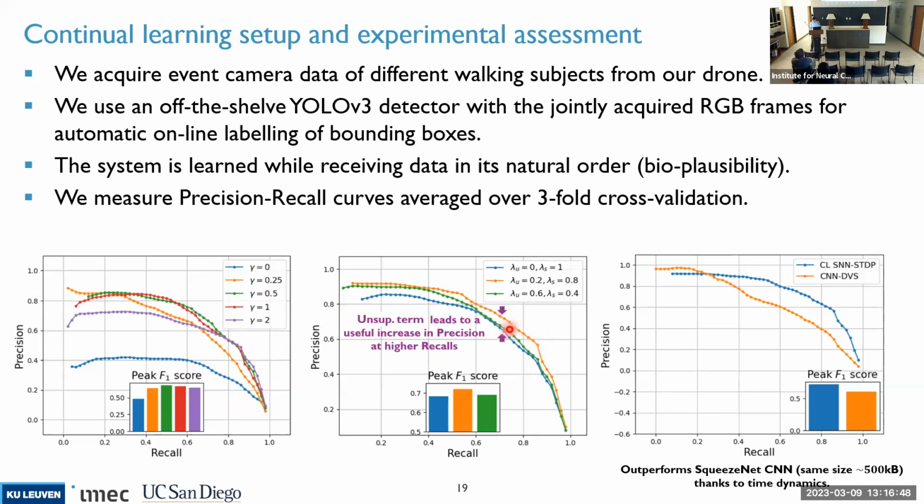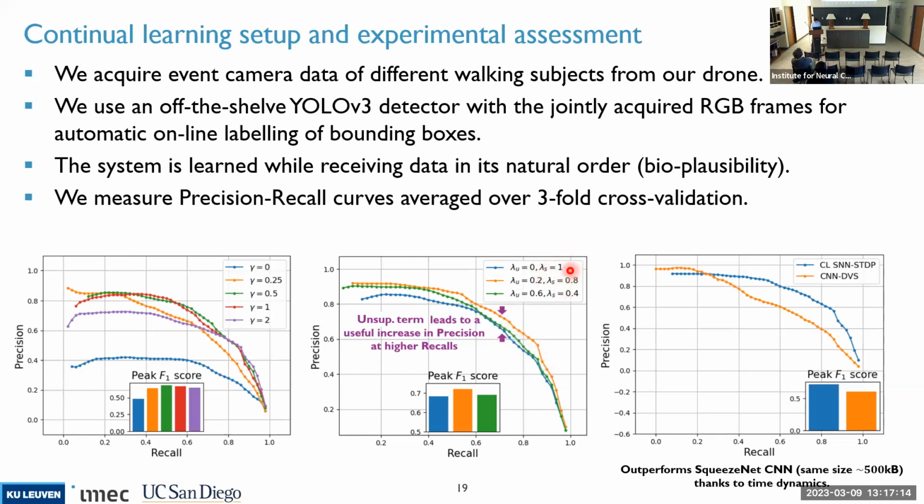Then the second tuning step is this: we have the third-factor supervision signal that I just discussed in the previous slide, but the unsupervised contribution of SCDP is still there. So it's interesting to understand whether having a bit of this unsupervised contribution helps or not. And in reality, it helps as well, leading to an increase in precision at higher recalls.